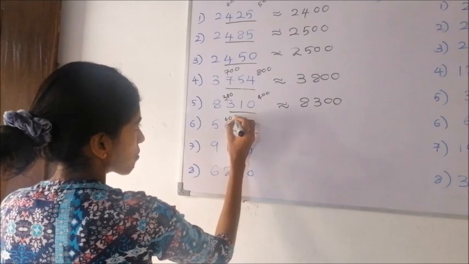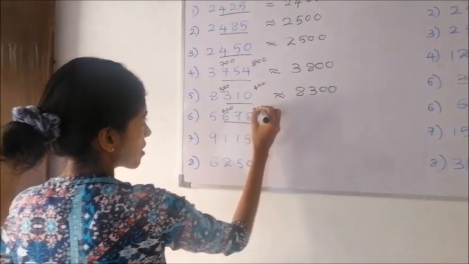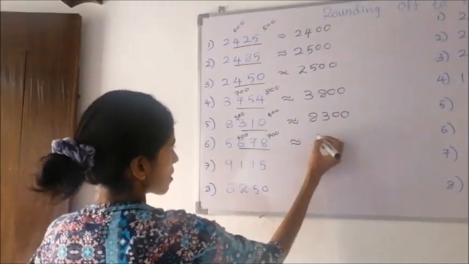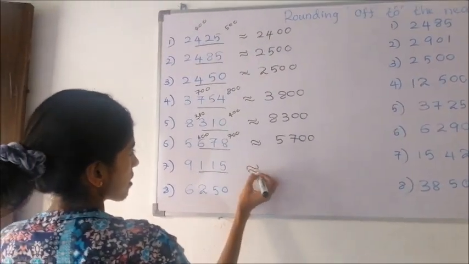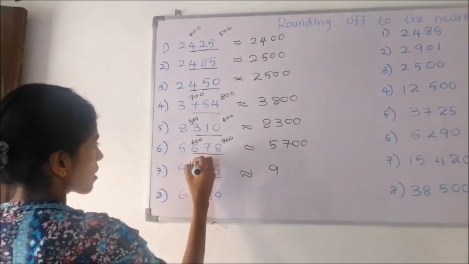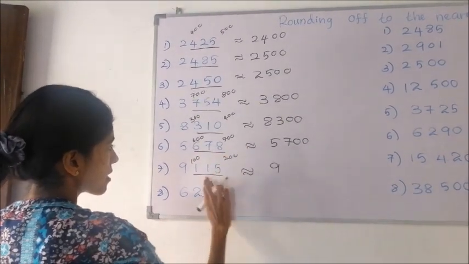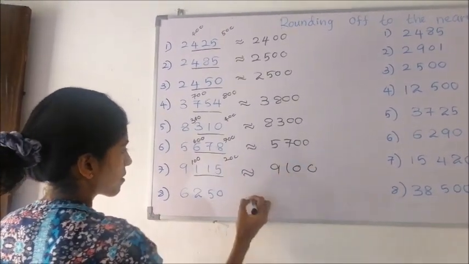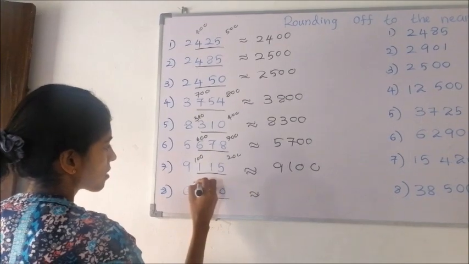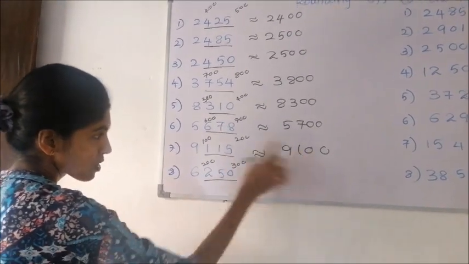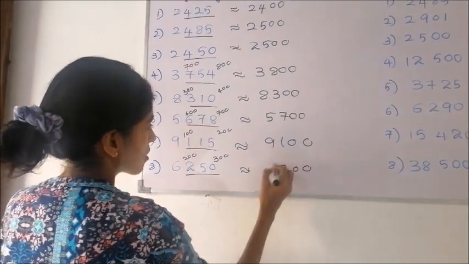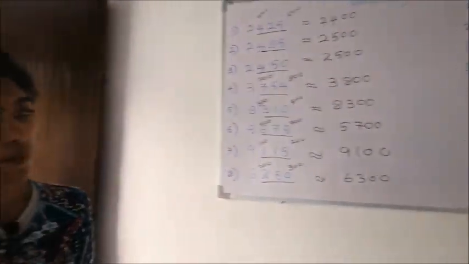Next, in between 600 and 700, but it is closer to 700. Next, it should be in between 100 and 200, and it is closer to 100. In this one, in between 200 and 300, and it is the correct middle number, it should go to the next 300. These are the answers.